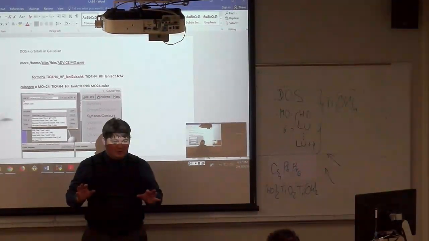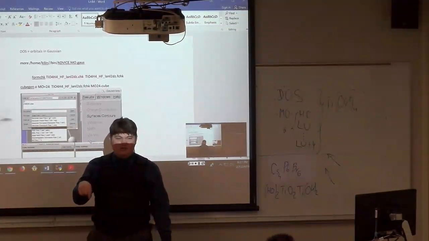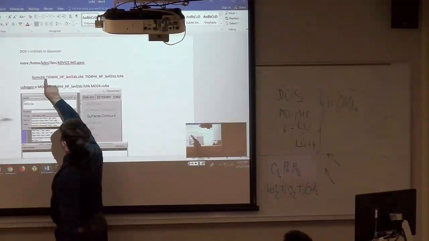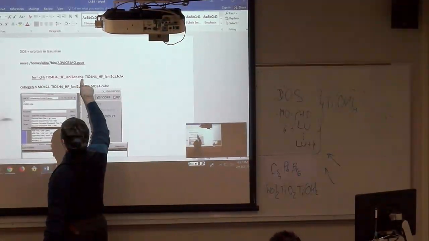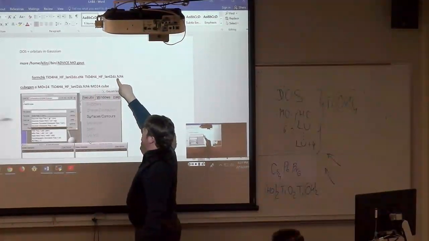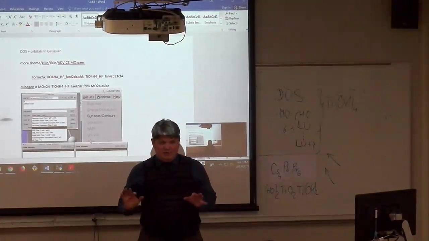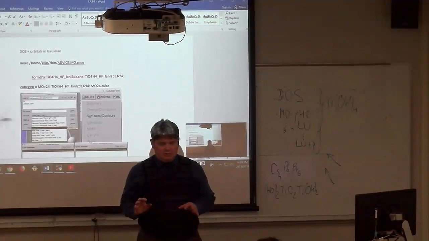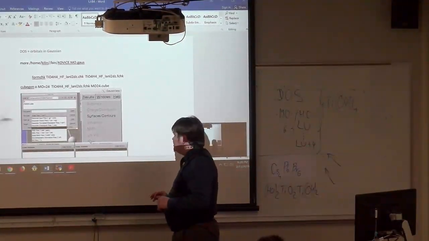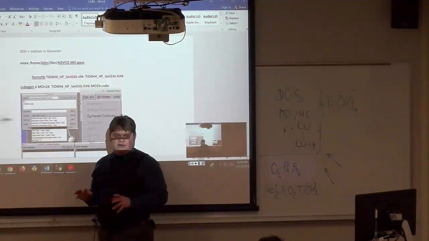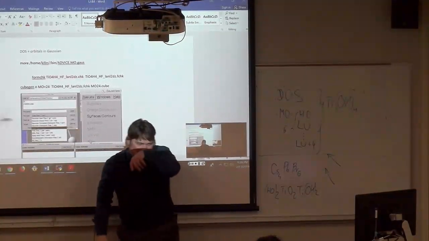Do not tell it in public. But same as if you have a zip file, you unzip it. Here, formchk applied to this .chk, and then you repeat the name of file, but make it .fchk. So there is no science behind it. It's just a necessary step. Okay. And as soon as you complete it, make sure that you do not have any error messages. It will tell something pleasant, like complete, done, no complaints.